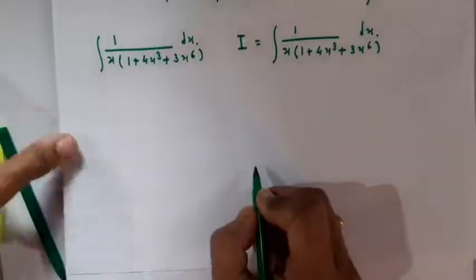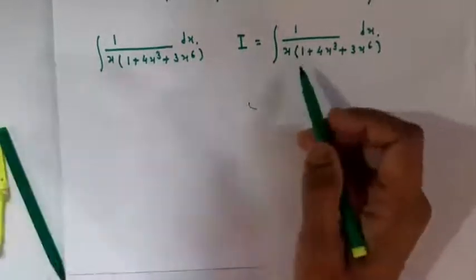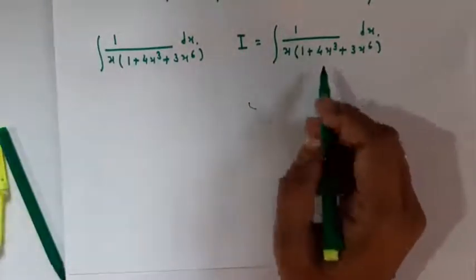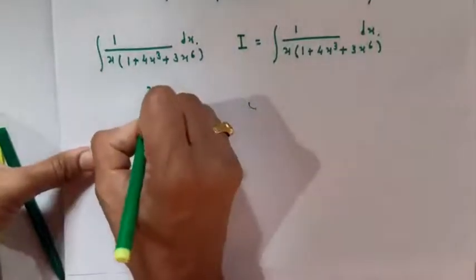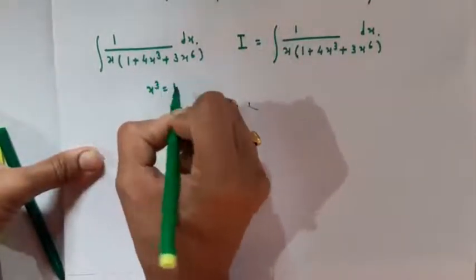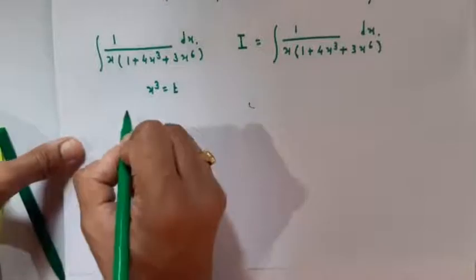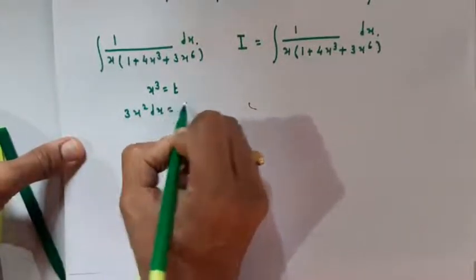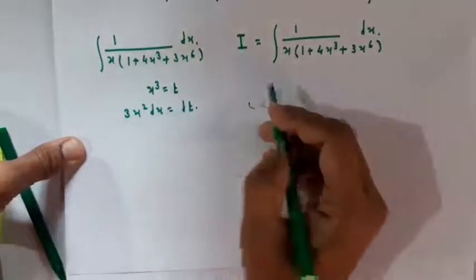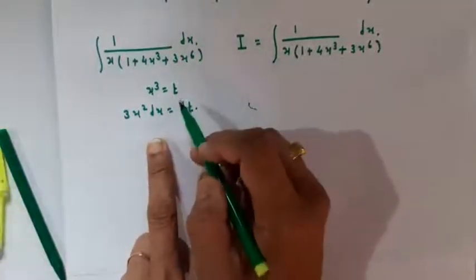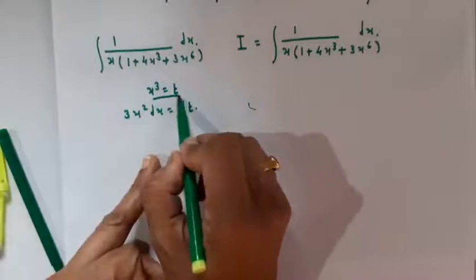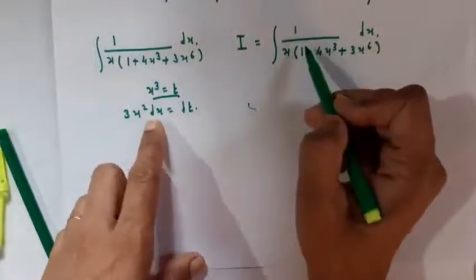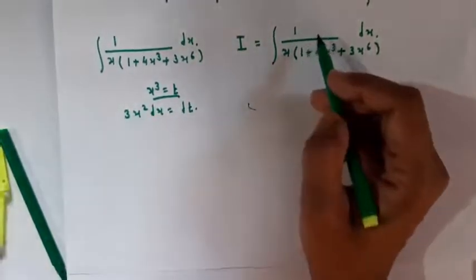So students, before going to solve the problem, here we can substitute the value. If we substitute x³ equal to t, then its differentiation is 3x² dx equal to dt. Okay, so to substitute this x³ equal to t, we have to make some adjustment here. So what will be the adjustment?